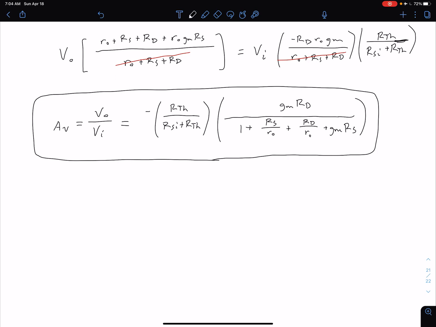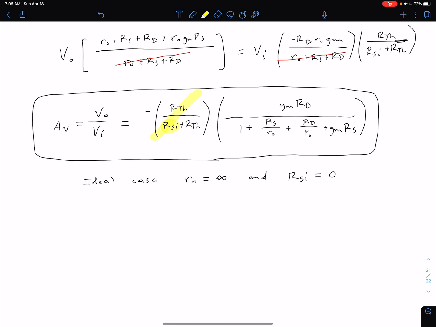So a couple other things we want to do. Let's say we then want to simplify this and we want to talk about the ideal case. So in our ideal case, our small signal output resistance is going to be infinite, and the input resistance associated with our source, RSI, is going to be 0. And so looking at this equation up here, we can see with our RSI equal to 0, this first term is just going to go to 1.